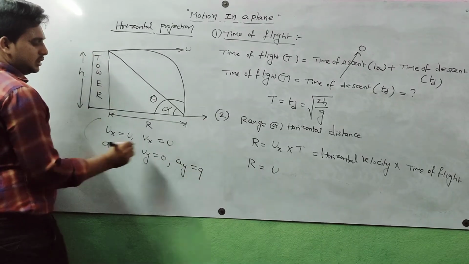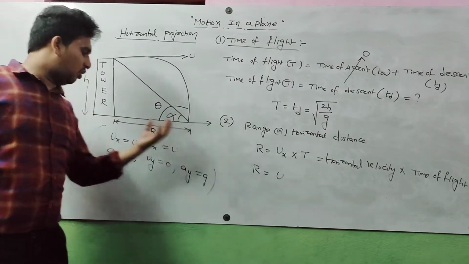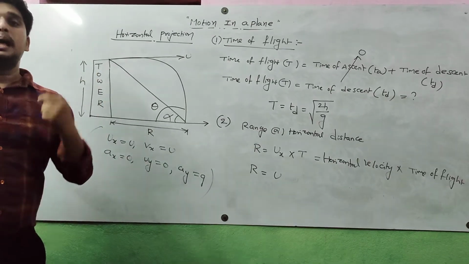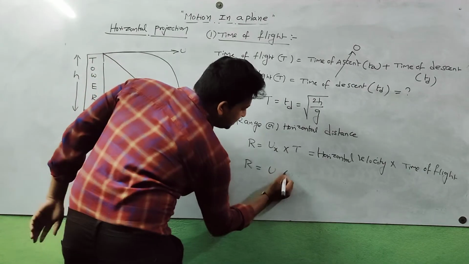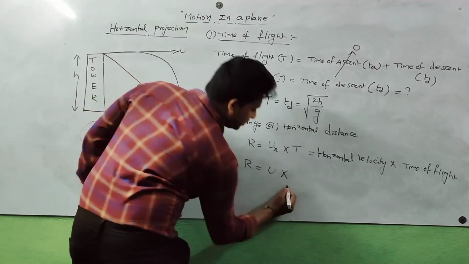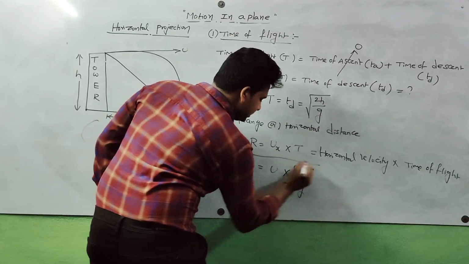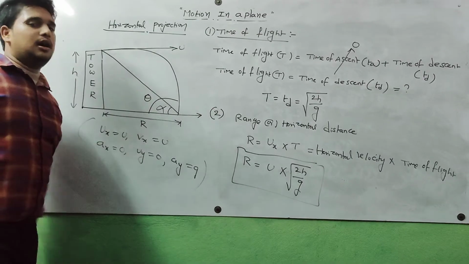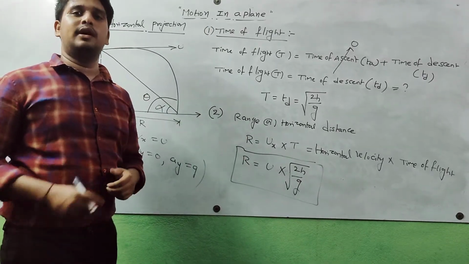These parameters we already discussed in the previous lecture, and how we got these values I also discussed there. Please recap it, students. So here ux means u, and time of flight means root 2h by g. So range R is equal to u into root 2h by g. This is the formula of range and that is the formula of time of flight.